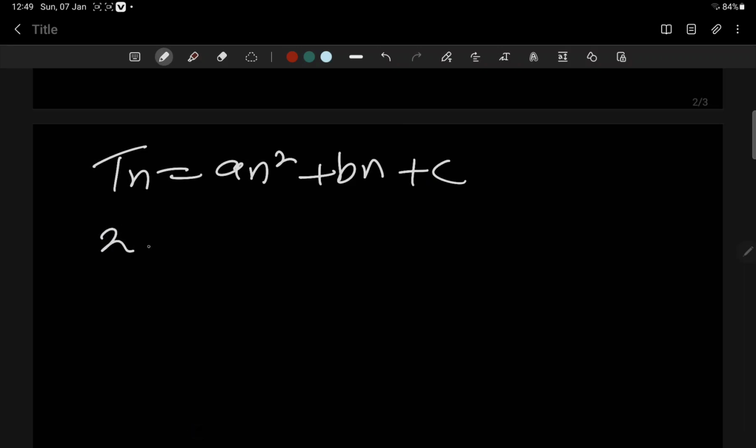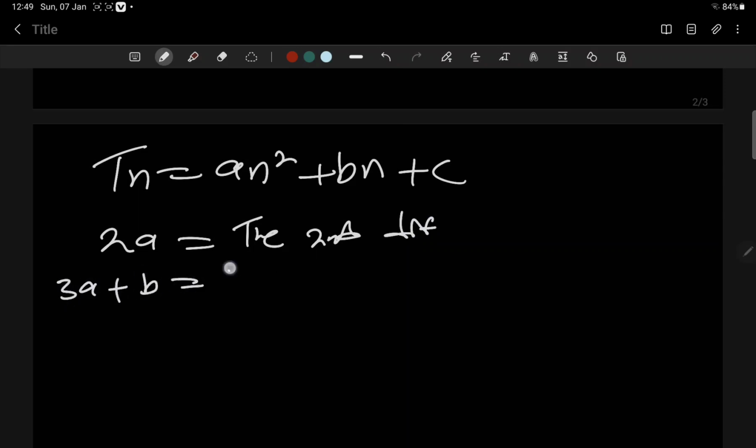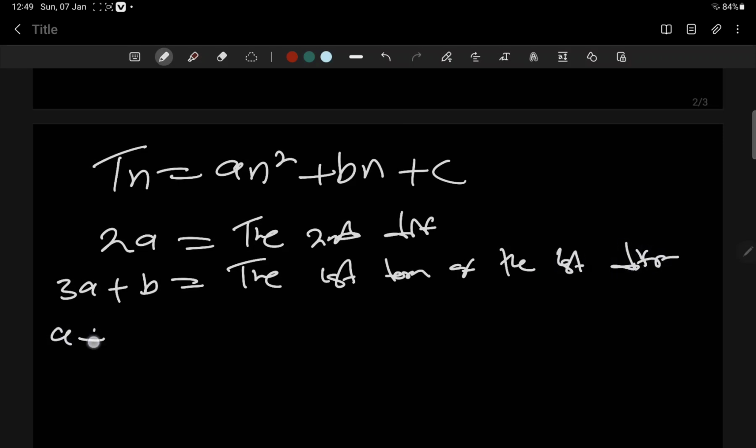To find a, 2a equals to the second difference, and then 3a plus b is equal to the first term of the first difference, and then a plus b plus c equals to T1, the first term of the sequence.